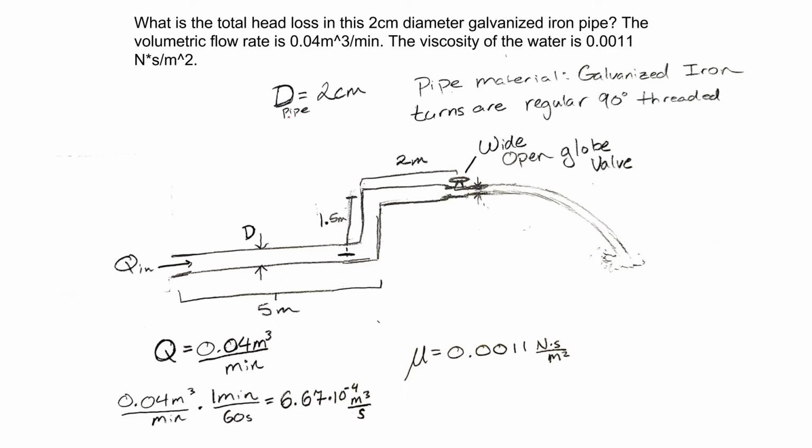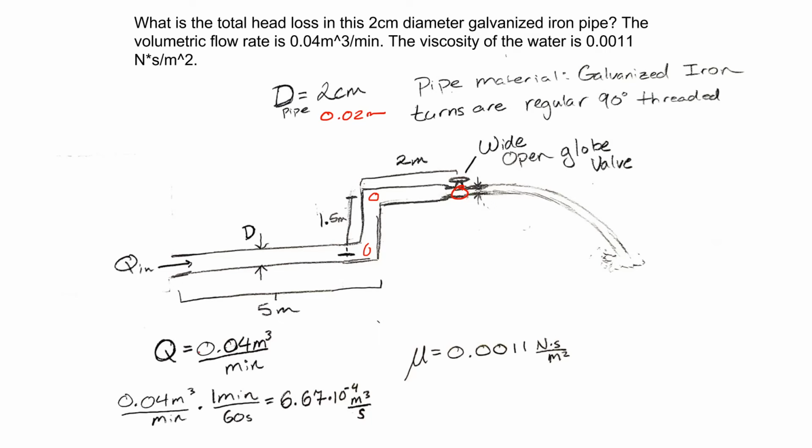So our diameter is given here, 2 centimeters, or 0.02 meters. Pipe material is given as galvanized iron. These turns are said to be regular 90 degrees threaded, and this valve here is a wide open globe valve. So we'll need all that to find our friction coefficients.